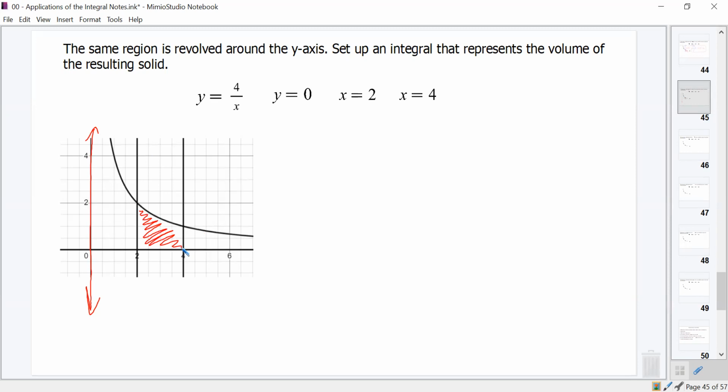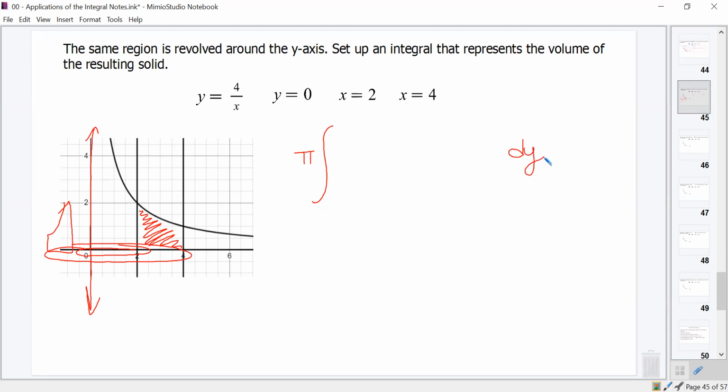In fact, it's not even touching it at all, which means that over here, we're going to get some cross sections that look like washers. And we're going to have to slice this thing horizontally so that we're stacking up an infinite number of these little washer cross sections, which means we're going to be doing this all in terms of y.